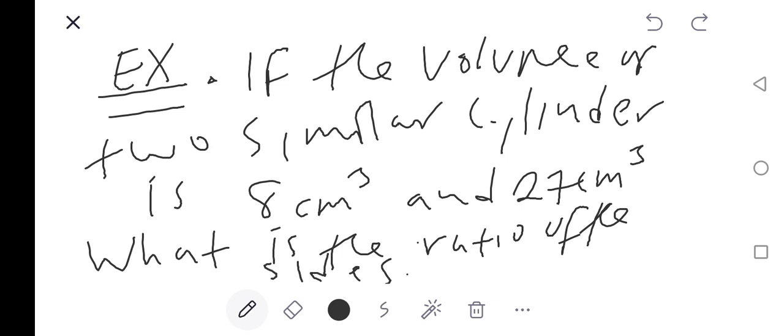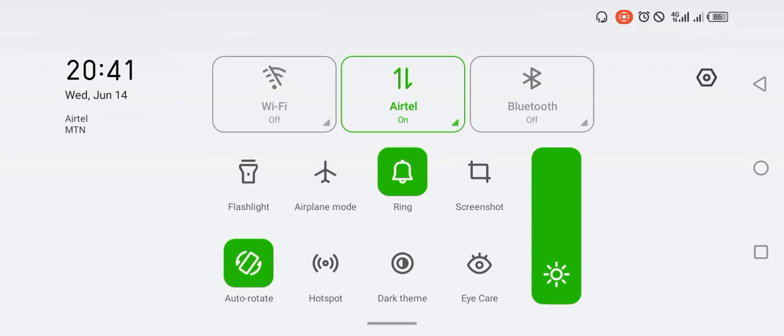Madam Serena, can you read what I have written here? The volume of two similar cylinders is 8 centimeters cubic and 27 centimeters cubic. What is the ratio of the sides?